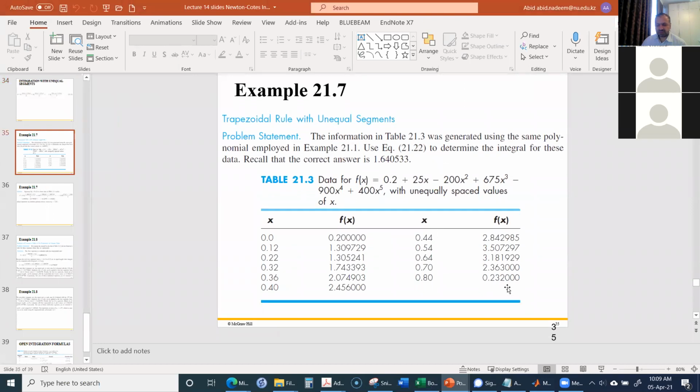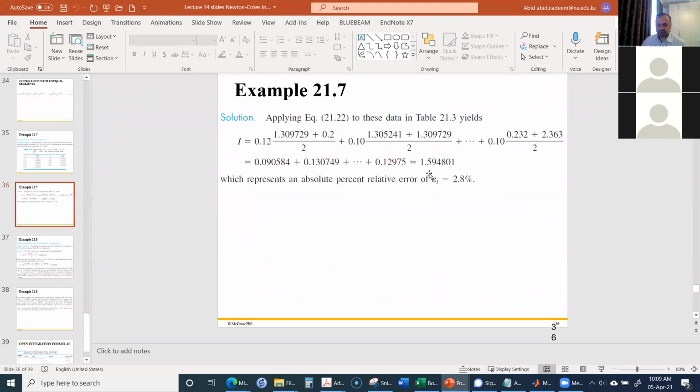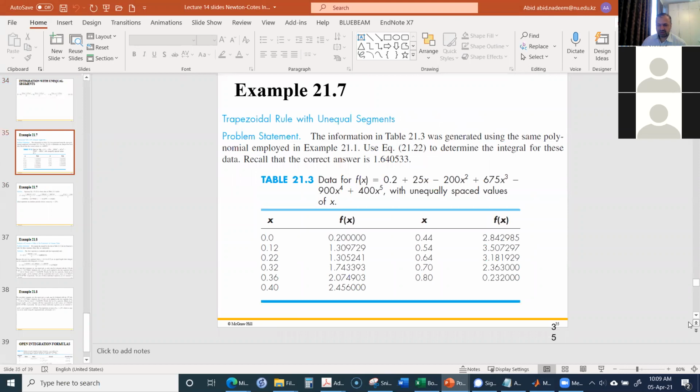As you can see, the same answer has been obtained, 1.594801, which represents an absolute percentage relative error of 2.8%, because the true answer was something like 1.6405, okay, by the integration.